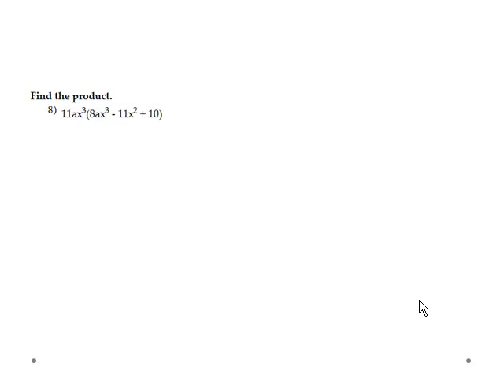Okay, find the products, so we multiply these out. 11 times 8 is 88. 11 times 11 is negative 121. 11 times 10 is 110. A times A is A squared. A times nothing, no A's there.